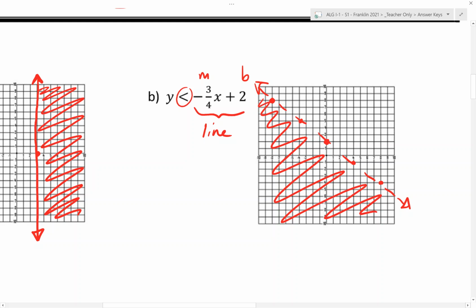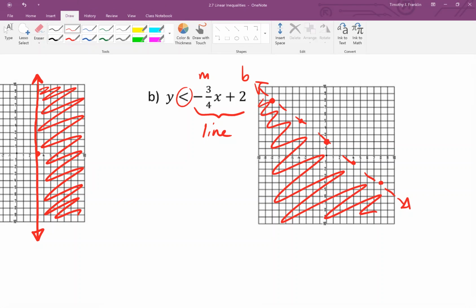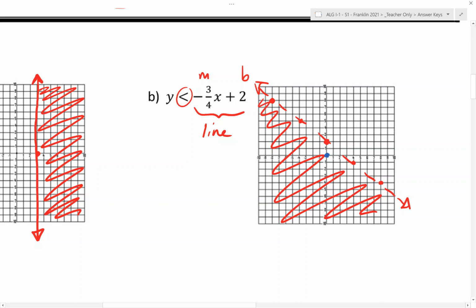All these points are solutions for the inequality, just not the ones on the line. So if we were going to name some solutions, we could name (0, 0) or (-5, -5). Any point that's in this shaded area is a solution of this inequality, just not the points on the line.